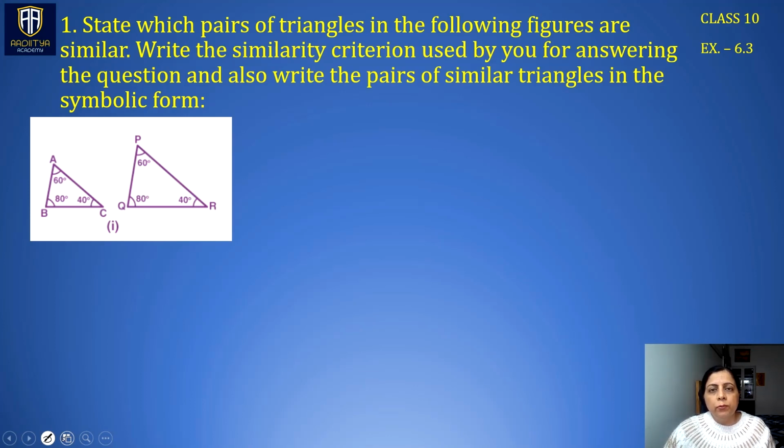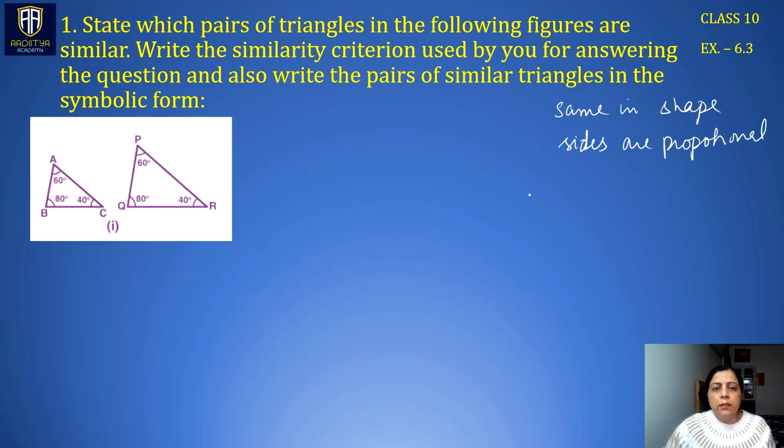How can we prove two triangles similar? And what are the different criteria? I am here giving you a recap. Two triangles can be called similar if they are the same in shape and their sizes are proportional, or you can say the sides of those triangles are proportional.